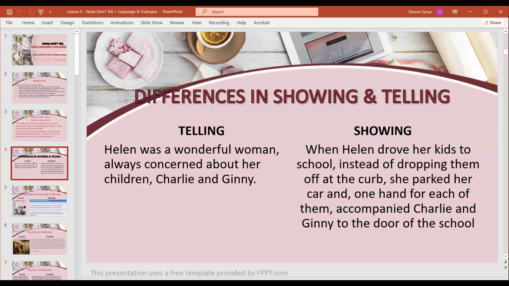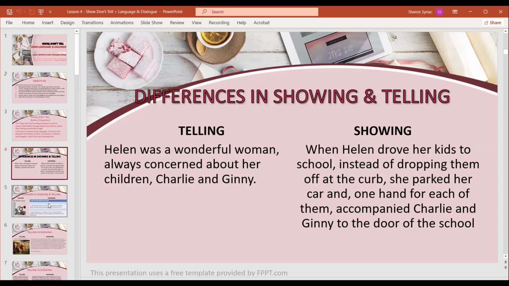Notice that your readers can now interpret and visualize that. They can interpret, this character cares a lot about her children. She's very concerned about them. So that is why you are often told to show, don't tell.